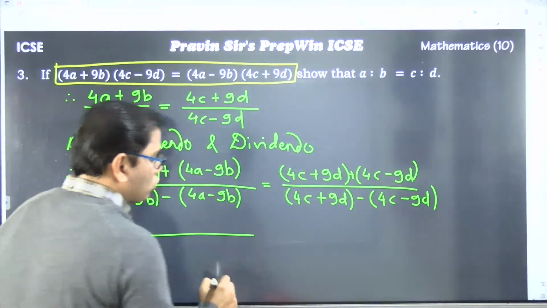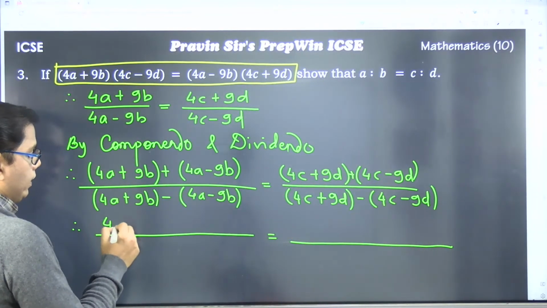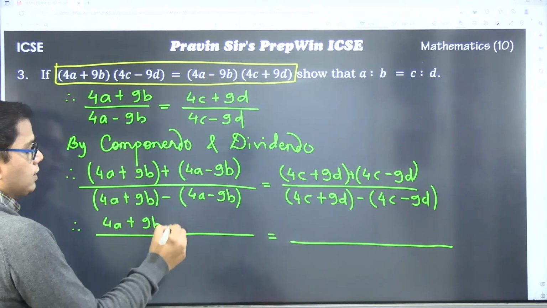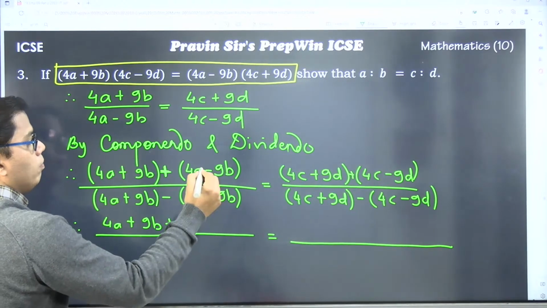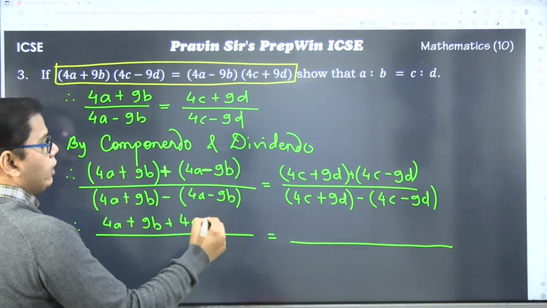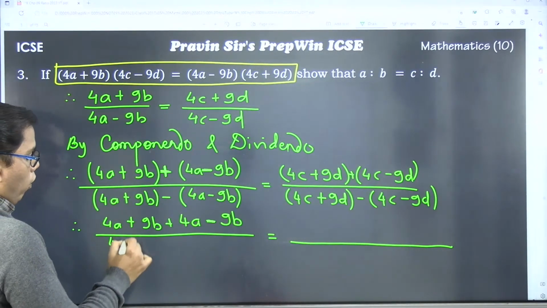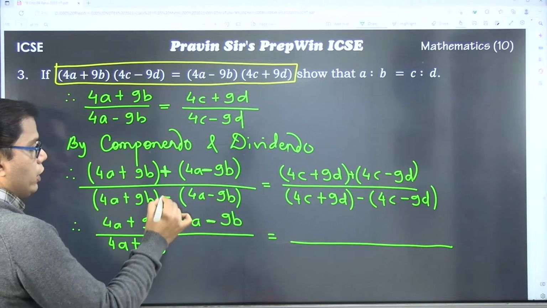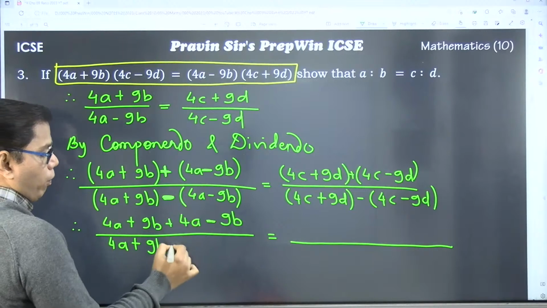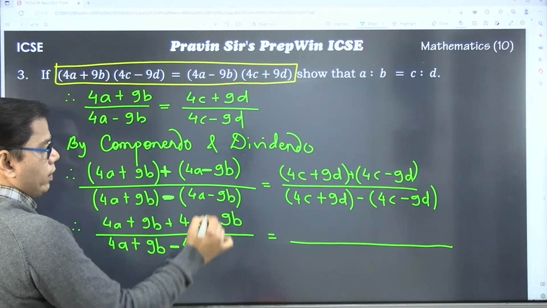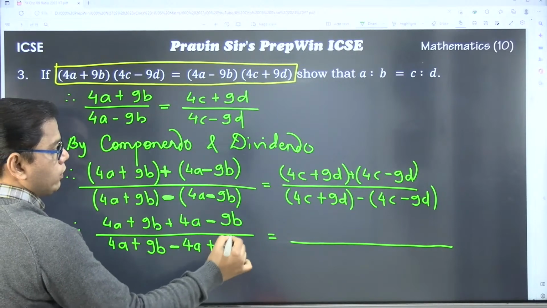This is a first sum, so I'll do this in great detail. Open the bracket with a plus sign: positive 4a will remain positive 4a, negative 9b will remain negative 9b. Now be careful, because when you open the bracket with a minus sign, positive 4a will become negative 4a, and negative 9b will become positive 9b.